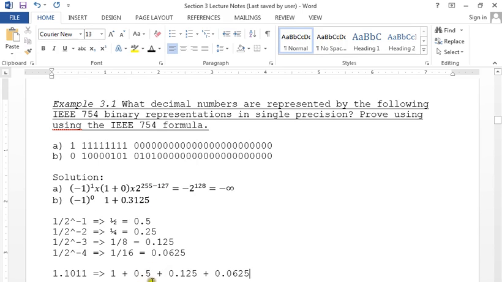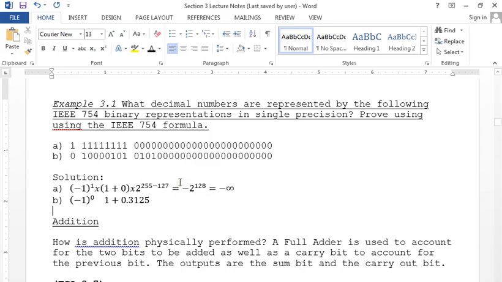You'll be able to put this into a calculator, so that becomes 1.6875. So there you go. Now you know how to do it.